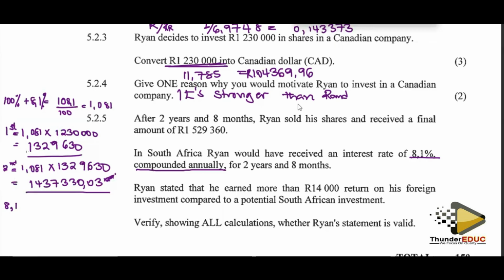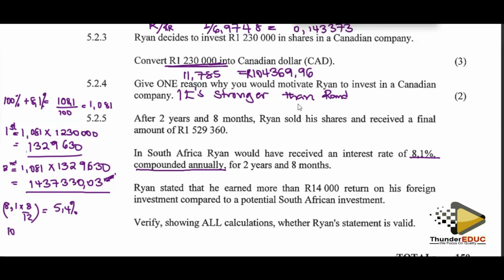We shall take the 8.1 and multiply it by 8, because 8 has to become years. It changes a little bit. So here the percentage has changed over the 8 months. It's 5 comma.